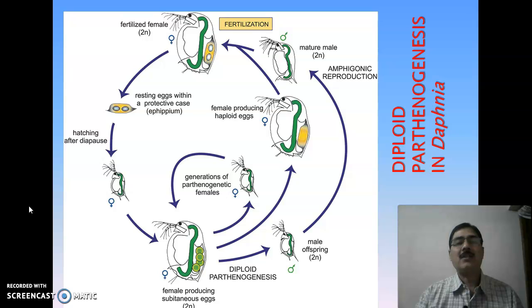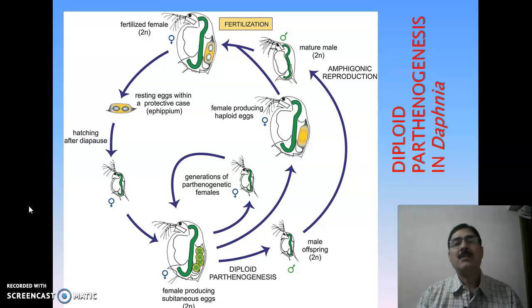These eggs, if they remain unfertilized, develop into the male through diploid parthenogenesis. There is amphigonic reproduction, production of a male which fertilizes the female.